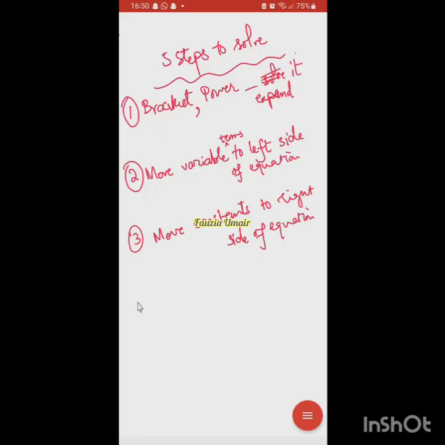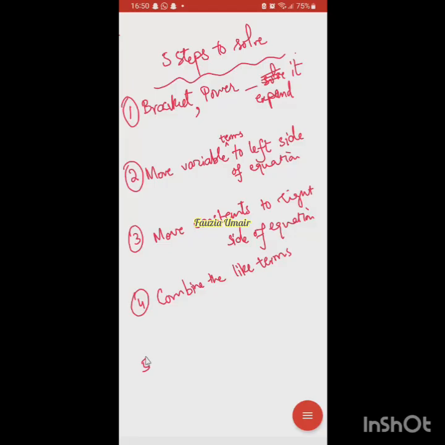Now the fourth step is combine the like terms. After the third step, all the variable terms would be on the left side of the equation and all the constants will be on the right side. So you need to combine the like terms: combine the variable terms, and combine the numbers, or constants.